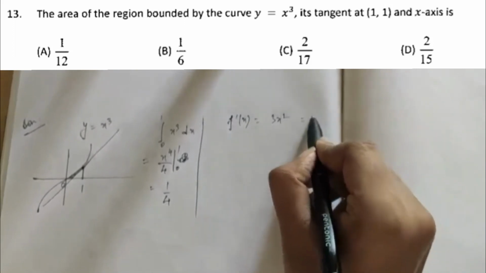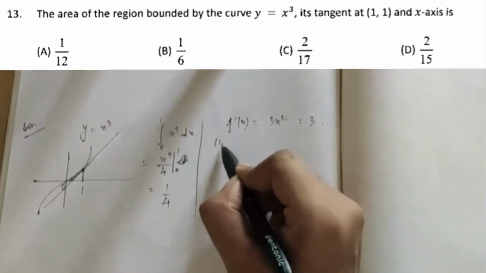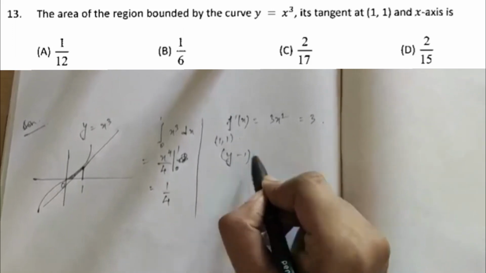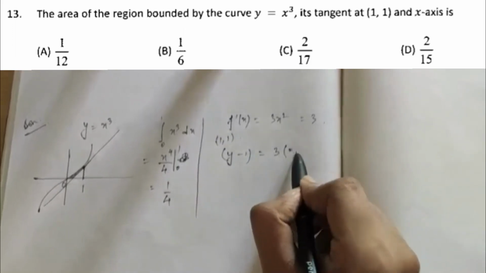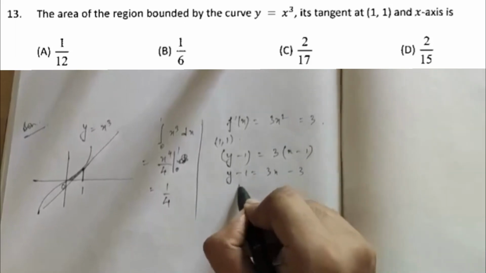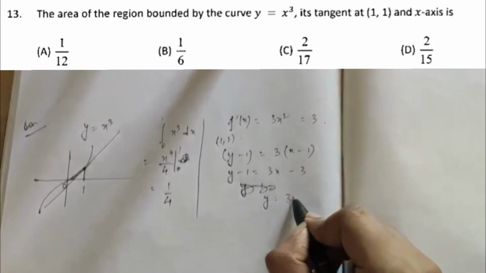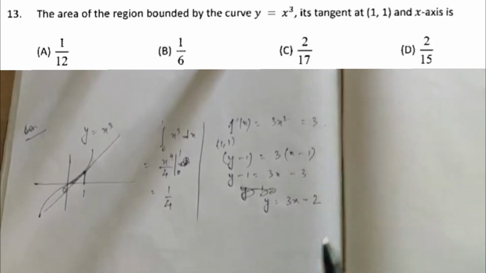At point 1 comma 1, it will be equal to 3. So the equation of the tangent from point 1 comma 1 will be y minus 1 equal to 3 into x minus 1. So y minus 1 is equal to 3x minus 3. So y will be equal to 3x minus 2.